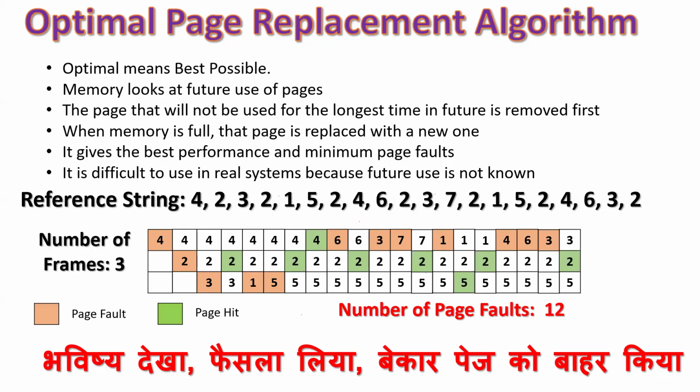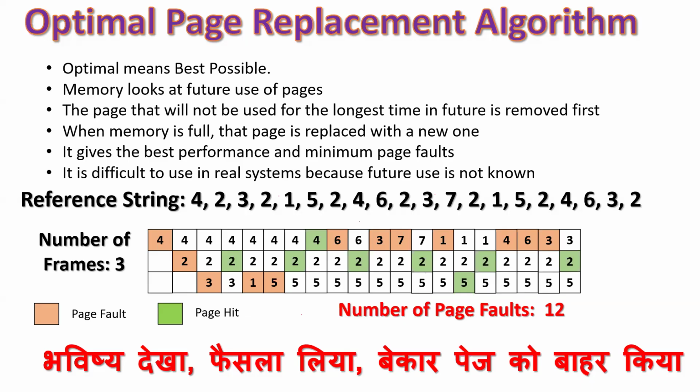To summarize our discussion, page replacement is necessary when memory is full. FIFO is simple but inefficient in some cases. LRU improves performance by using past behavior. And optimal gives the best results but is not implementable in real systems. Now, there are other algorithms too, like most frequently used, but I'm not concentrating on them.